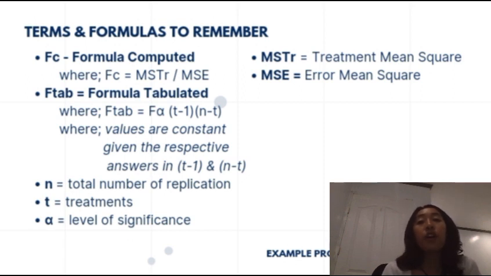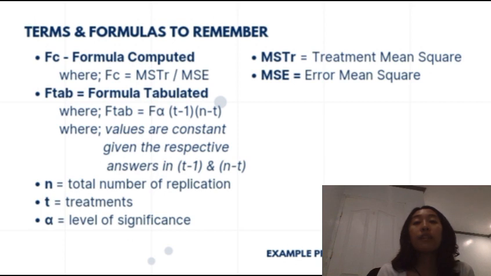For example, your instructor says 0.05. So, we're going to use that 0.05, and then, given the values we got for alpha, T minus 1, and N minus T, we will just look for those values in the F distribution table and see what corresponds to the pair of values we got. So, MSTR is the treatment mean square, and the MSE is the error mean square.